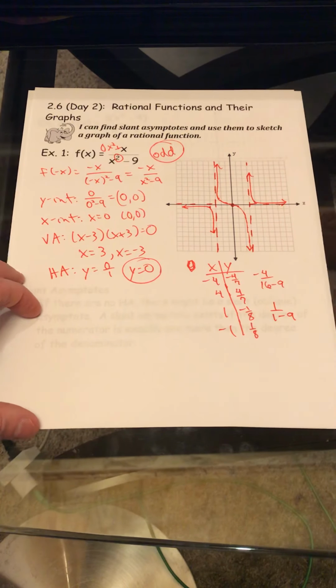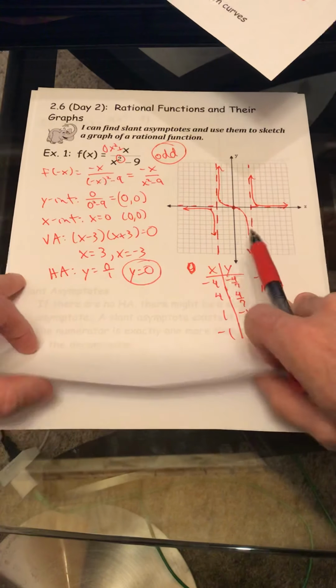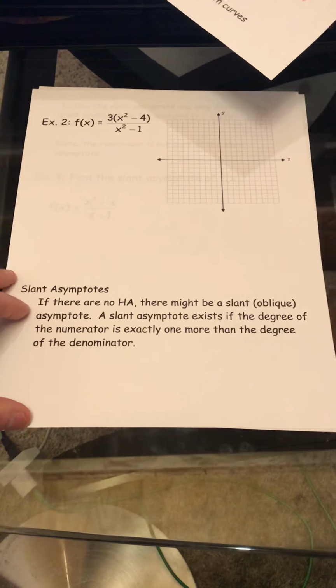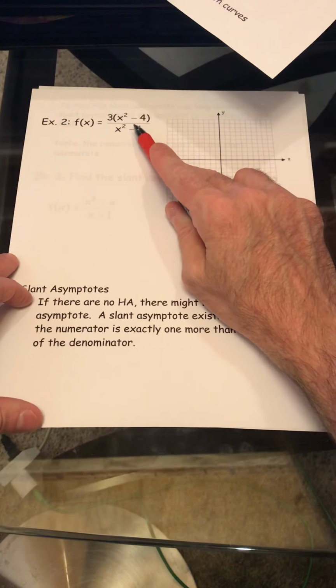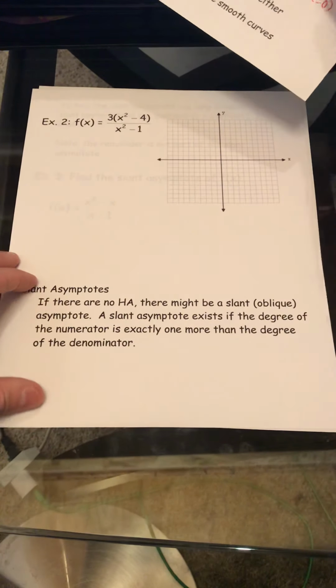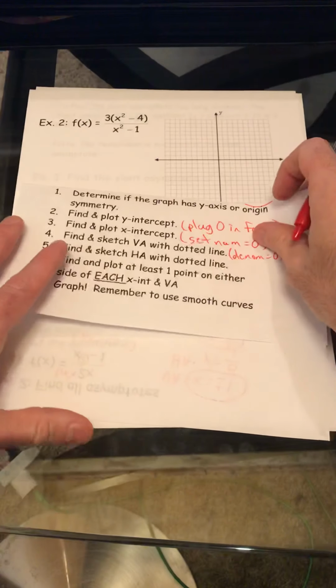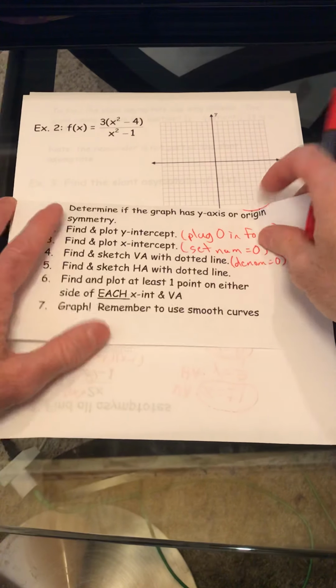So the other thing that we are going to talk a little bit about is what happens if you have slant asymptotes, and then we will do one other example here, which again, 3 over x squared minus 4 over x squared minus 1.